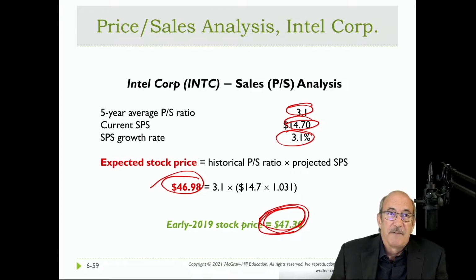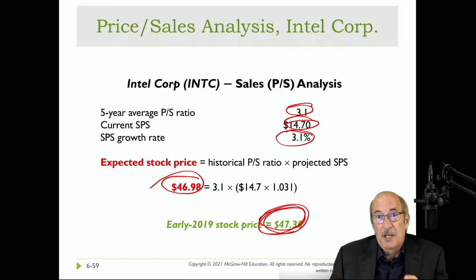Now, the one advantage of using Intel as the comparable is that it's probably got the same cost structure, same debt as it had for the last 5 years. So in that case, the inconsistency in this ratio is not a problem because we've already controlled for those differences.